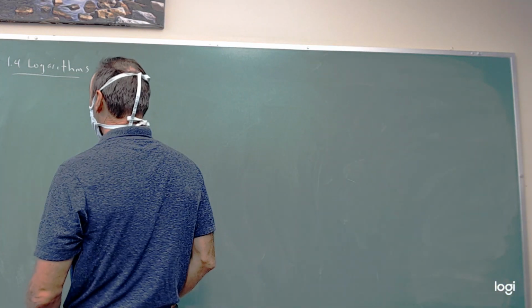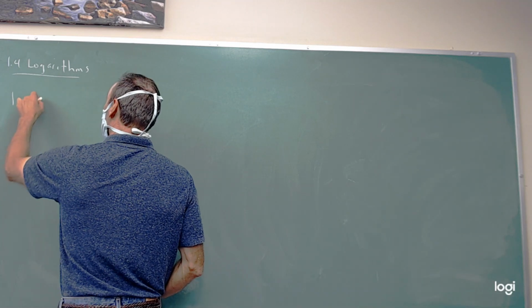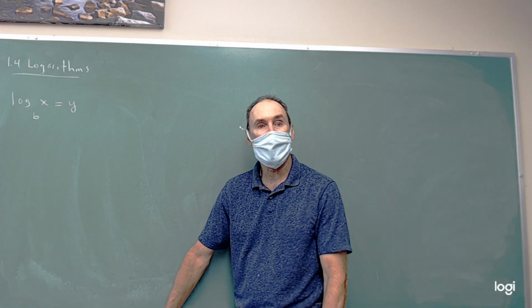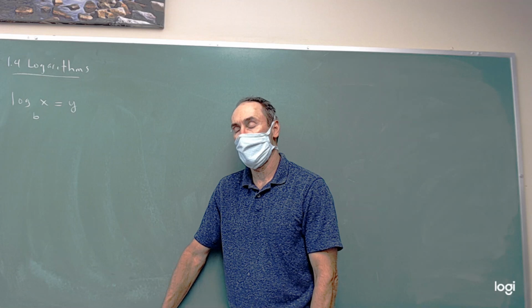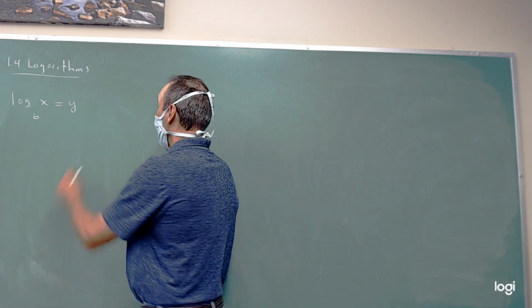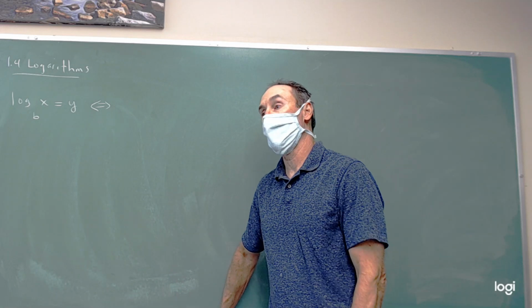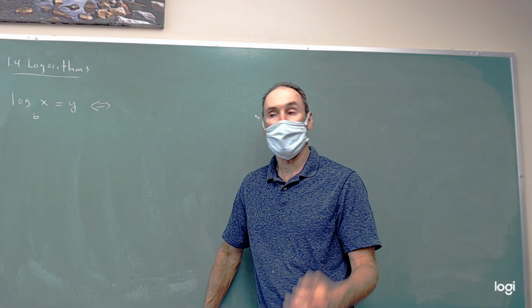So the big key, the relationship, a logarithm base b of x equals y. So there is a logarithm equation, just a generic, in general logarithm equation. So there is a connection between logarithm equations and exponential equations. And so it's important to know that relationship, to know the connection.